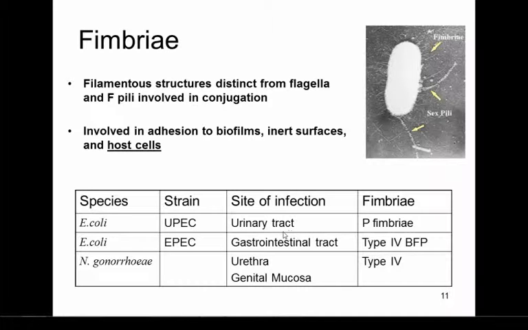So that's why this strain can cause urinary infections, whereas enteropathogenic E. coli has adhesins that allow it to attach to epithelial cells in the gut. Same thing for Neisseria gonorrhoeae. It's the adhesins that allow it to start colonizing the urethra and the genital mucosa.